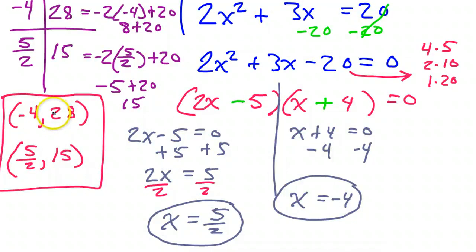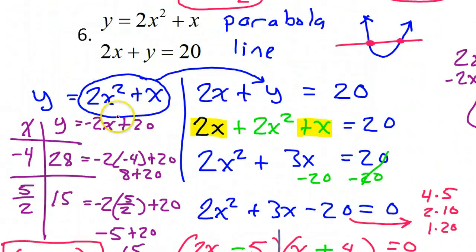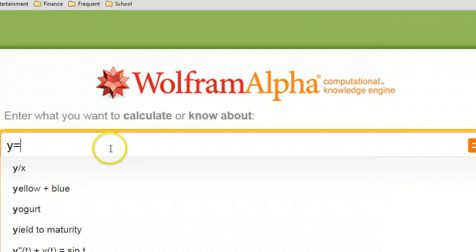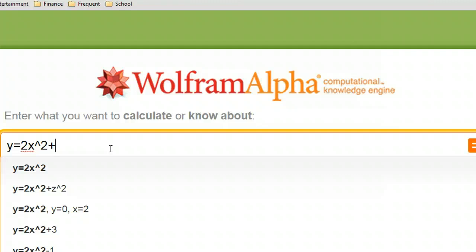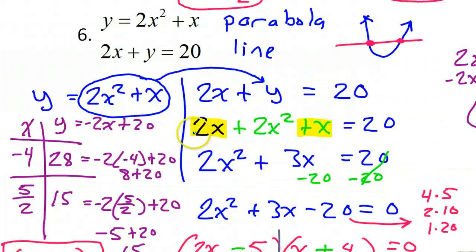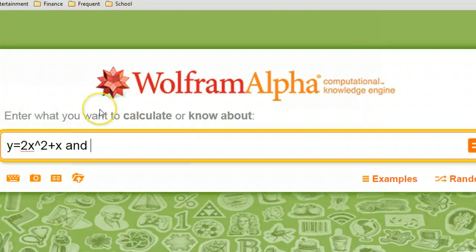One more time, let's take a glance at the electronic version and check our answers on wolframalpha.com. The first equation is y equals 2x squared plus x. Our second equation is 2x plus y equals 20.